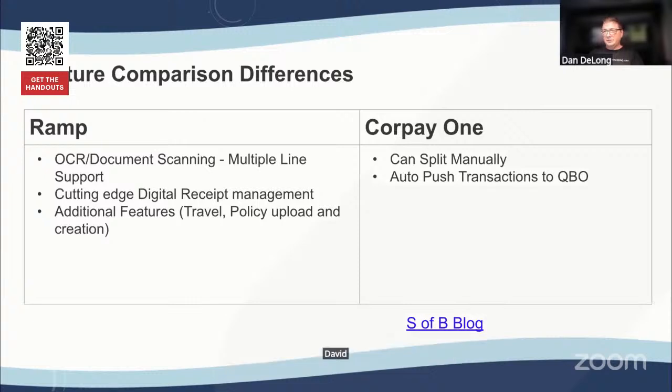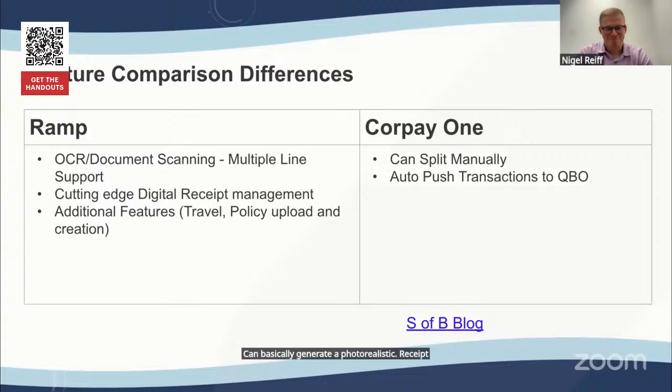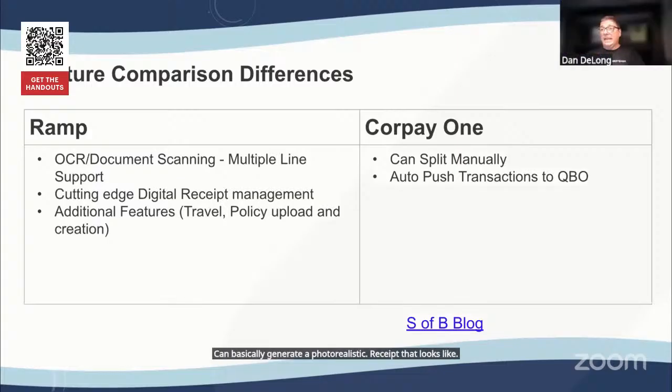David Leary and Blake did an episode on how AI can basically generate a photorealistic receipt that looks like any place that you've been to.